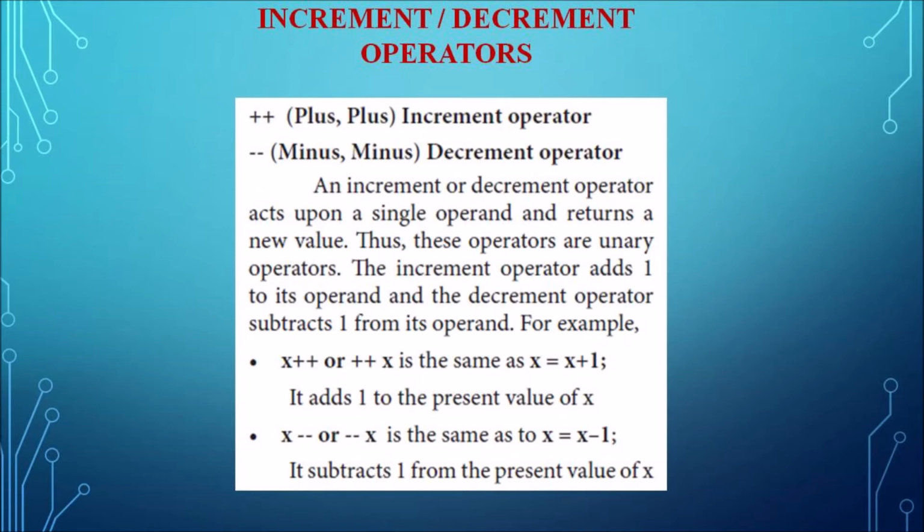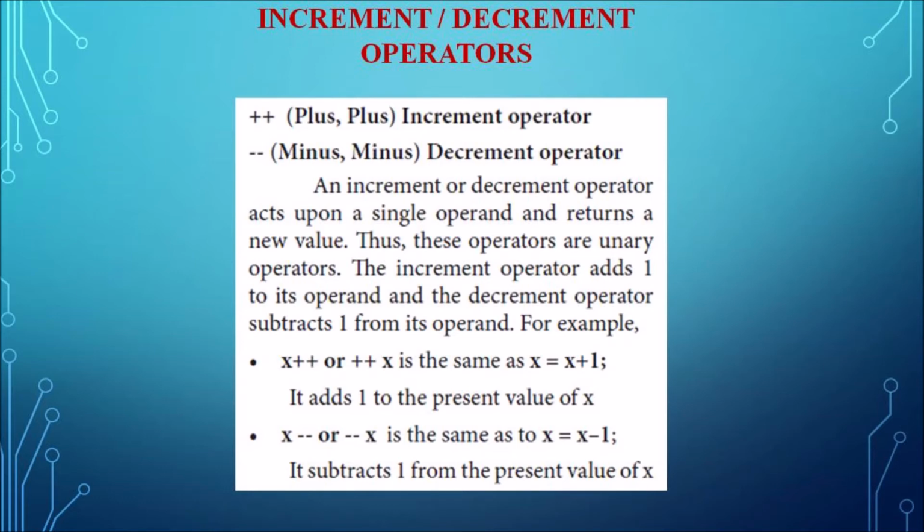We can write x plus plus as x equals x plus 1. Increment means it increases the value by 1, adding 1 to the present value of x. And x minus minus means it subtracts 1 from the present value of x. That is the meaning of the increment and decrement operators.